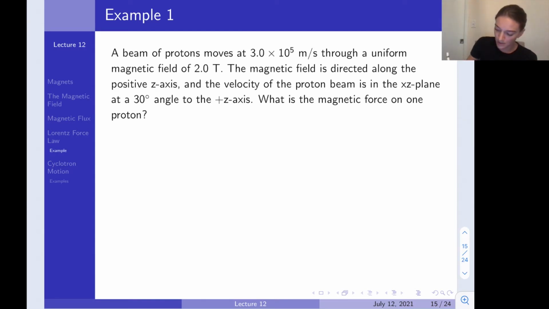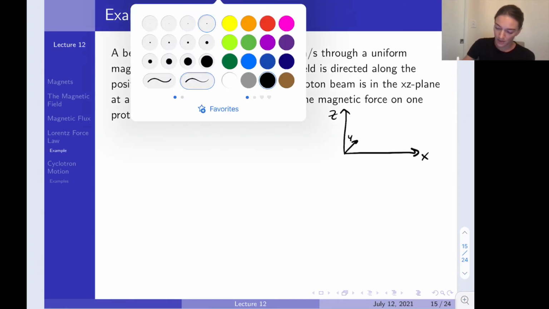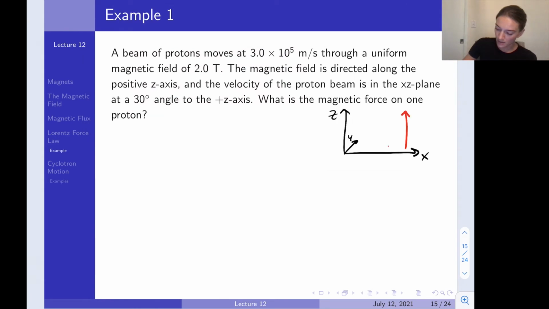So let's draw this. Let's just draw the x and z plane, which means the y axis is in this direction, but we don't need it. Okay, so we have a uniform magnetic field that is in the positive z-axis, so we'll draw that this way.